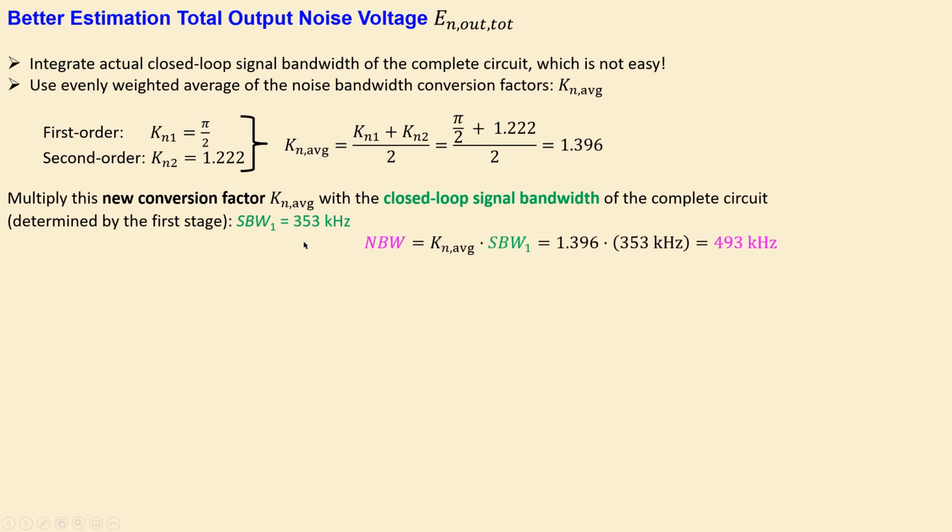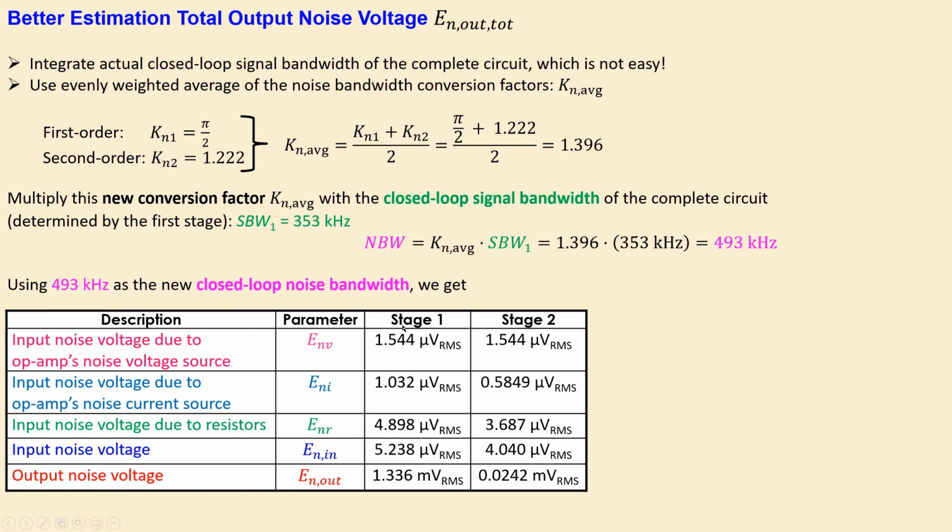Then I have the new noise bandwidth, using this average value times the signal bandwidth due to that first stage. That will give me a little bit lower noise bandwidth, which is then 493 kilohertz instead of 544 kilohertz. So it is lower.